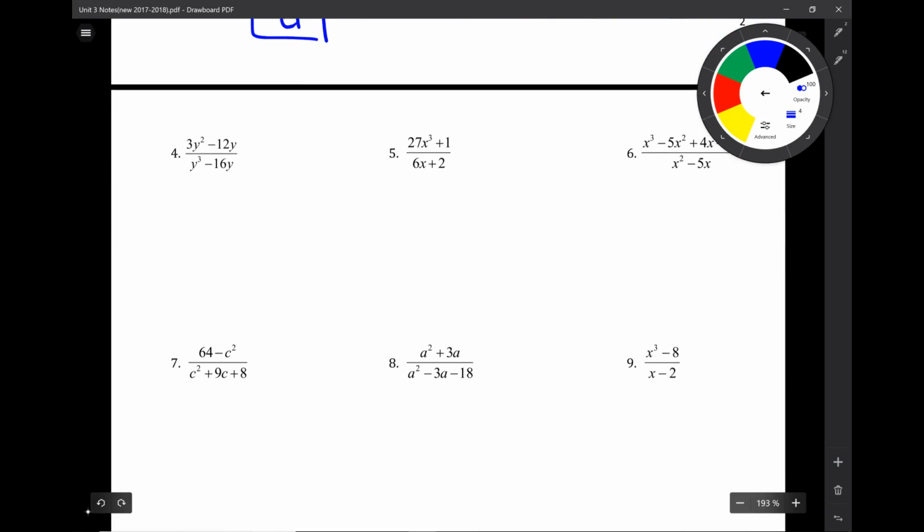All right, moving on to number 4. I know that means you guys probably have to flip the page, but I noticed the numerator has a GCF. Denominator also seems to have a GCF.